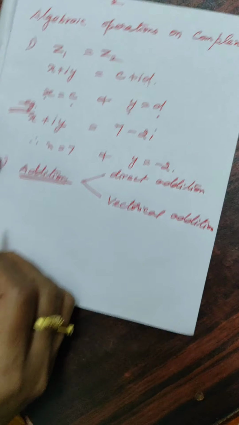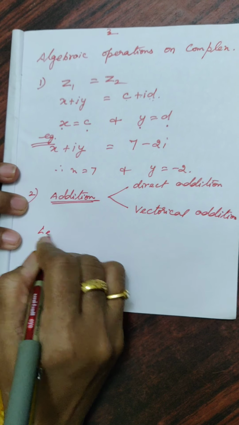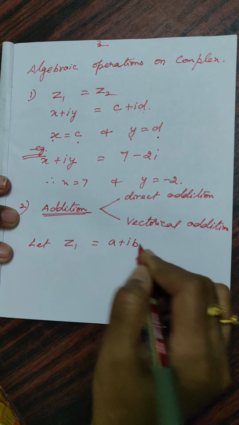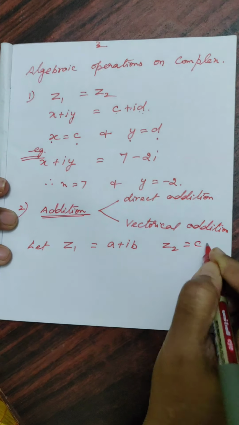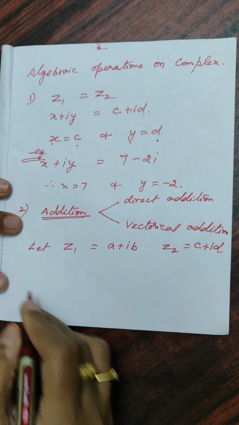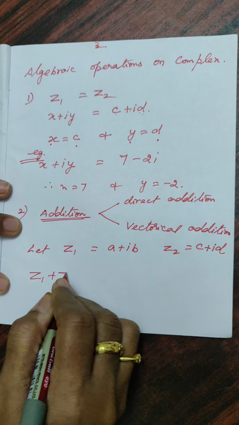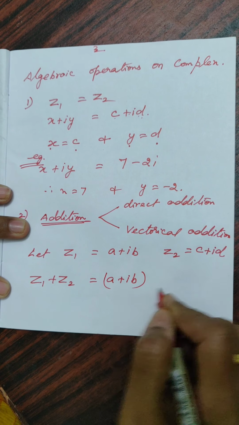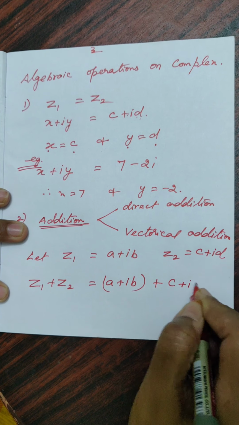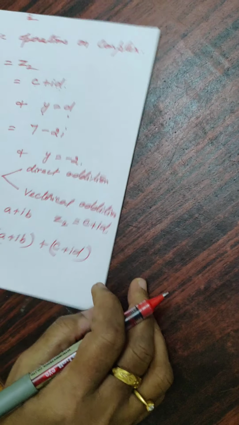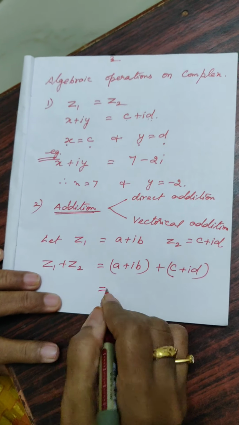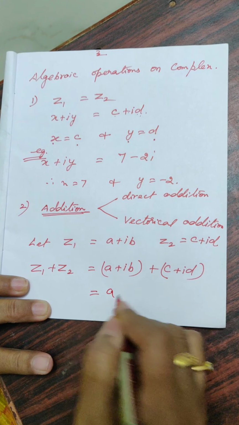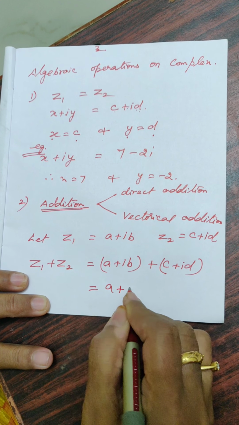Let Z1 be a plus ib and Z2 equal to c plus id. How to add these two complex numbers? Z1 plus Z2 equals a plus ib plus c plus id. In order to add two complex numbers, first we add the real parts. The real part of Z1 is a and the real part of Z2 is c.